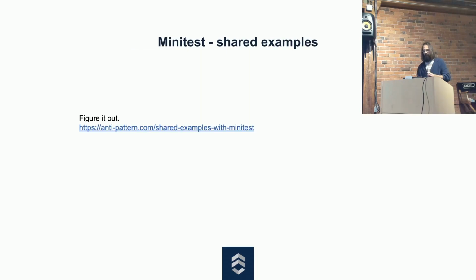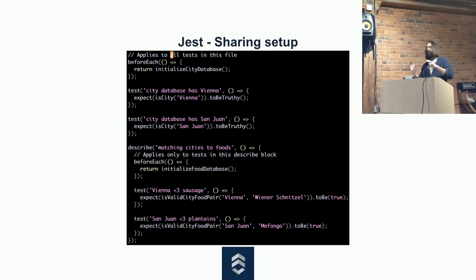Okay, shared examples. This is a little bit different. What we were talking about here is just sharing the setup. Another thing you might want to do in tests is share essentially the whole test. An example would be an invoice and a receipt, and both of them need to be able to calculate tax, and I would want them to calculate it the same way.